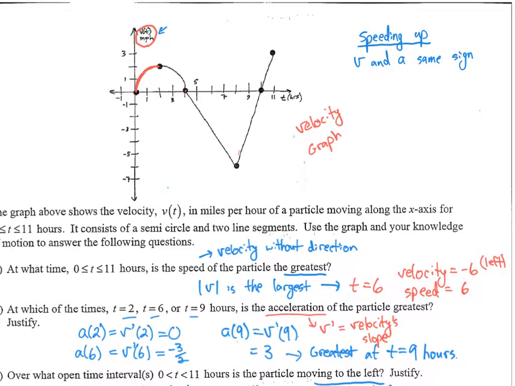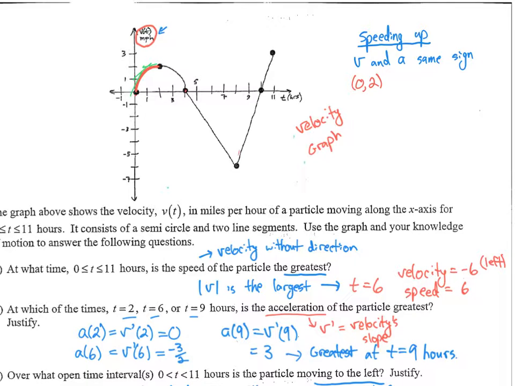That's this part right here. So for that particular interval, we see that the velocity is positive because we're living up here in positive space. And the acceleration is also positive because we see positive slopes over that interval. So I know that the particle is speeding up from 0 to 2.